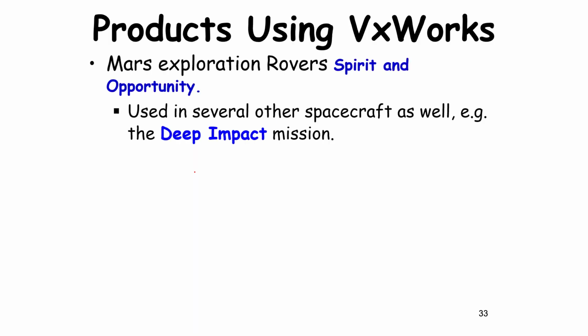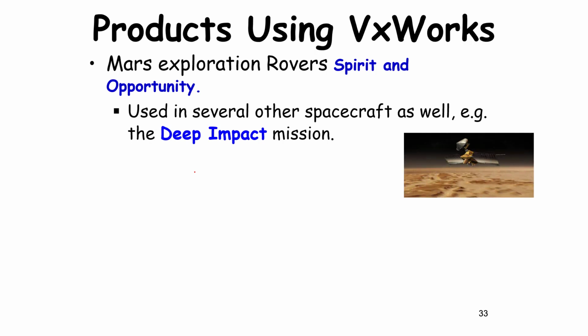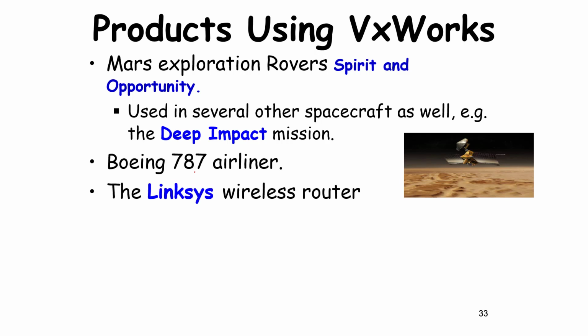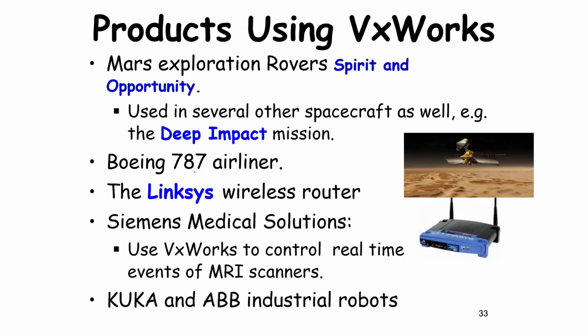What products use VXWorks? VXWorks has seen a lot of use. It has seen use in Mars missions, in Mars rovers. Several spacecraft as well, such as the Deep Impact mission. It's definitely seen in aircraft, the Boeing 787 airliner, the LynxOS wireless router, and it is there in tons and tons of medical solutions, for example, Siemens Medical Solutions.